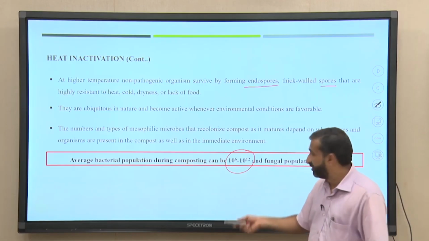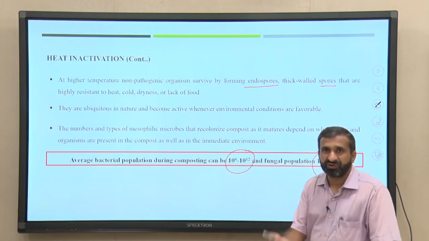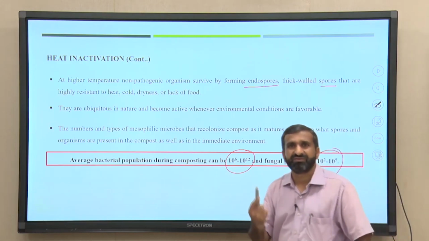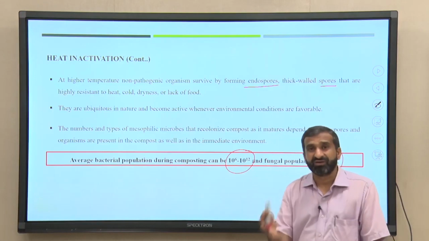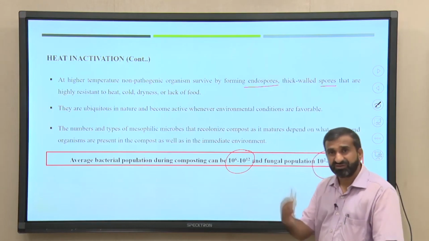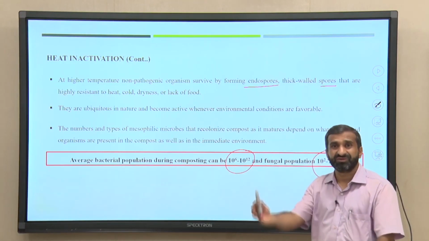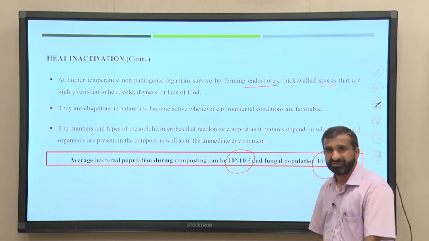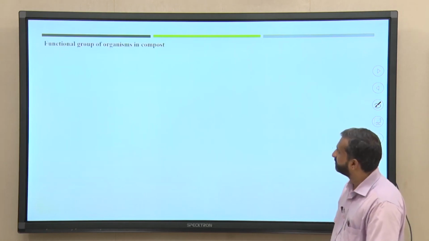And if you are interested, you can read more papers on that. People have done a lot of research on what kind of bacteria, what kind of fungus, how their populations change during the composting process. So, you can read further.